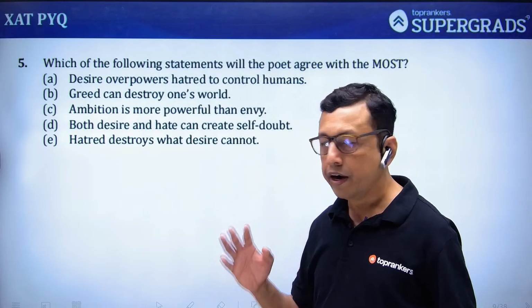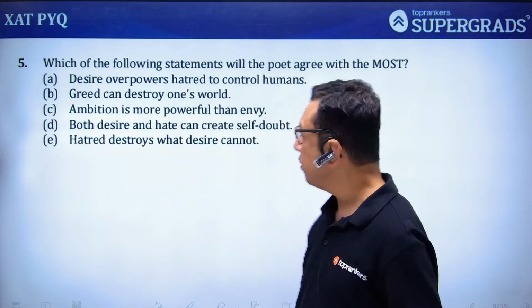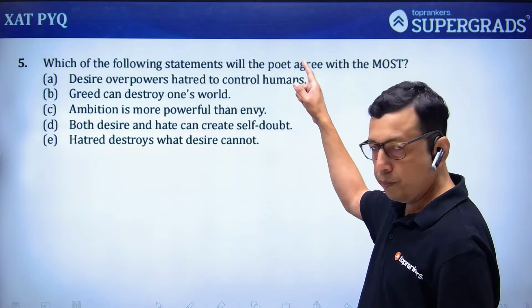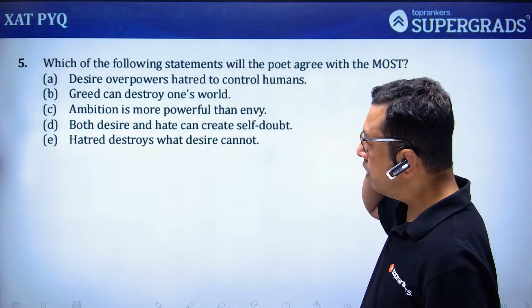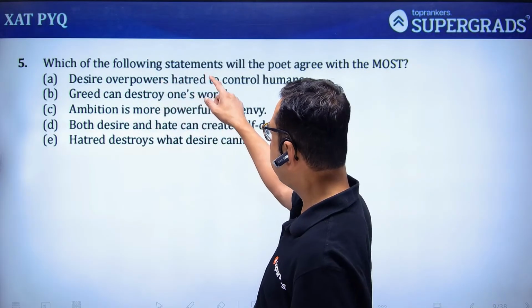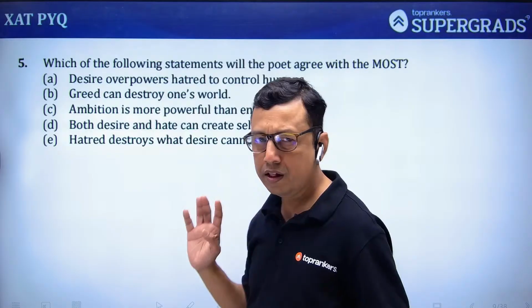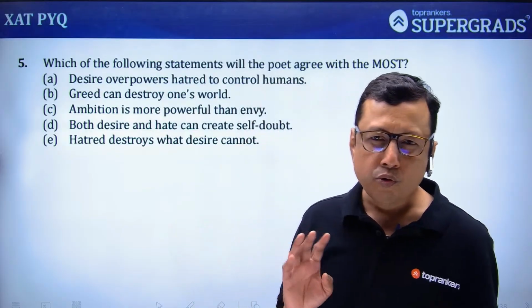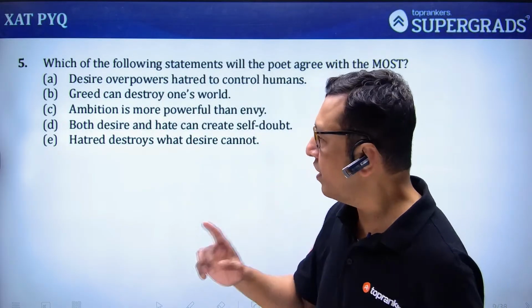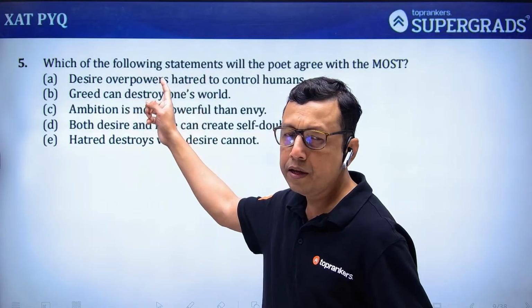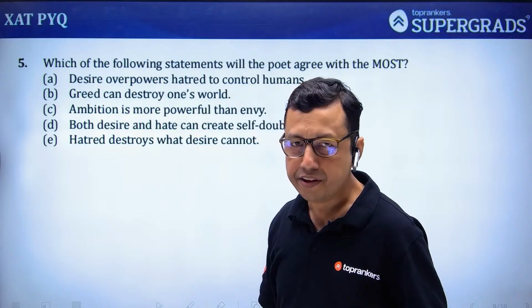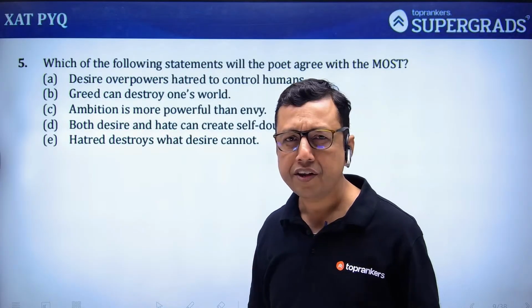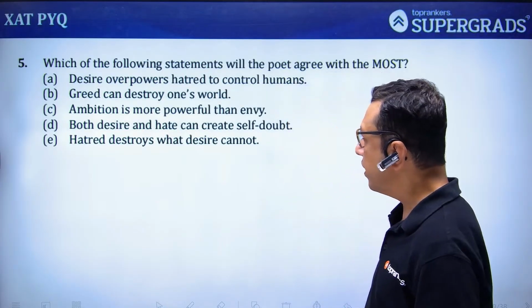It's asking you to identify the option with which the poet will agree. Let's figure out. Desire overpowers hatred to control humans. There is no such relationship between desire and hatred established by the poet in the passage. So he will not agree with this. He has not established any such relationship between desire and hatred.